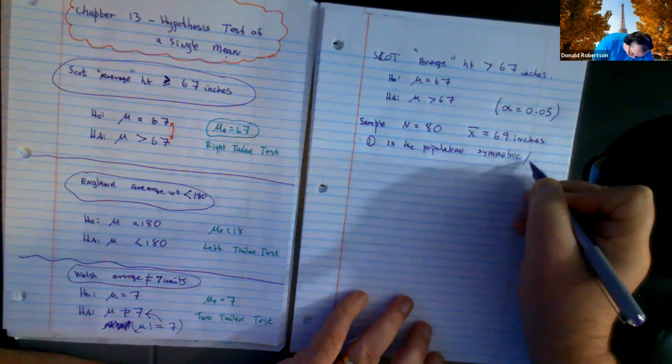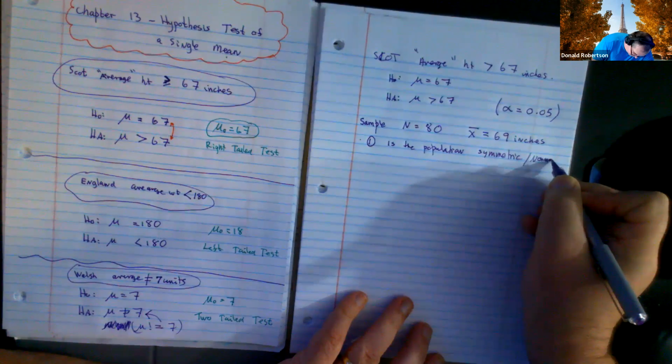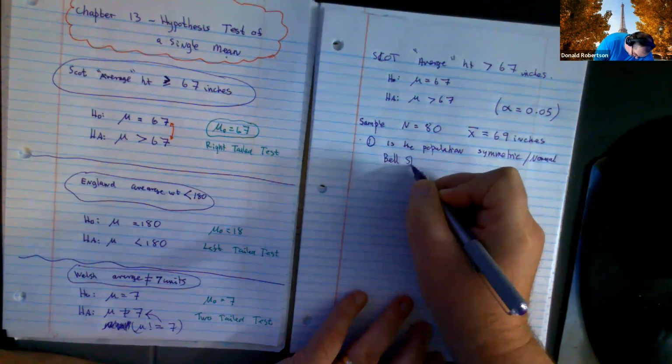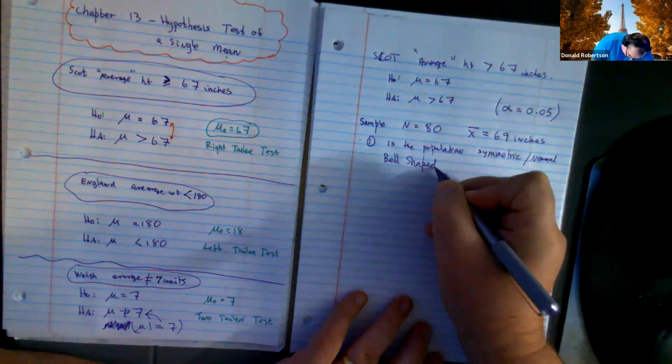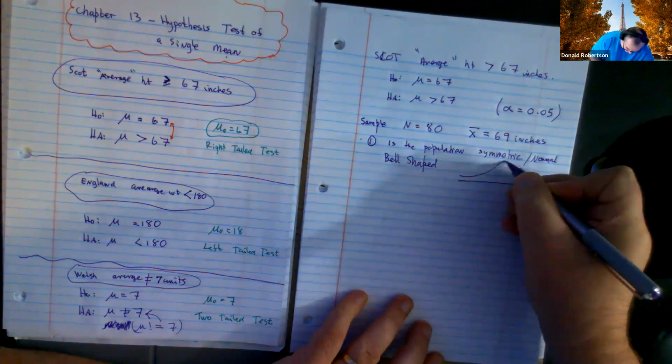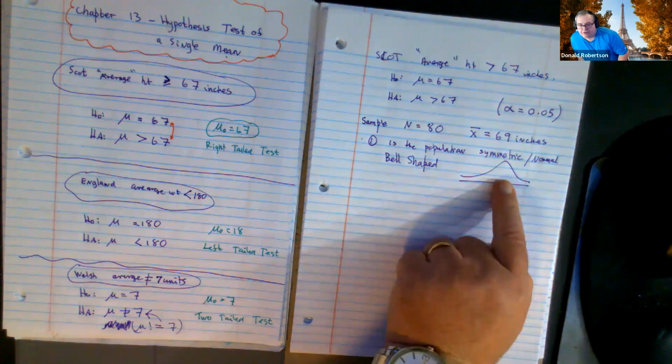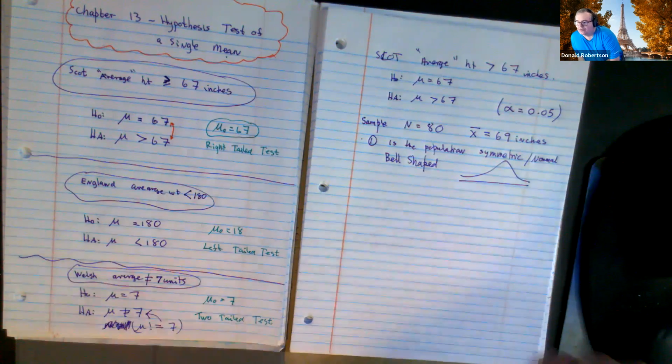I would use the word normal in shape. Actually, I would also use the word bell-shaped because they have different names for the same thing. So does the population look like that? If the answer is you got a sample from a population that looks like this, it's okay to do the hypothesis test, even with small samples.